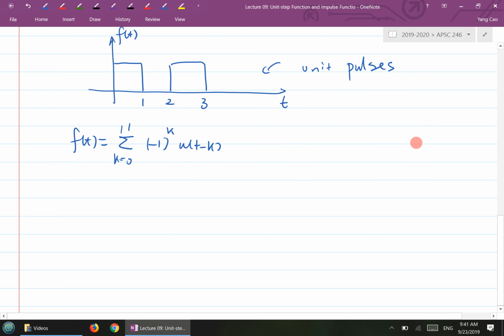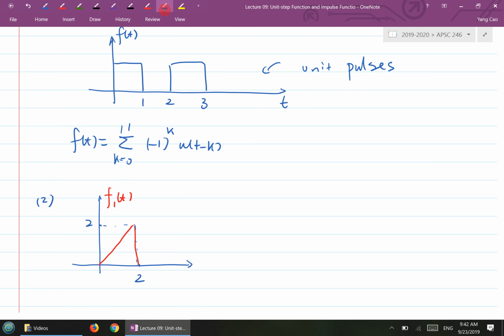Another example we showed in the class is this. Suppose we have what we call f1 of t. Sorry, this is a graph of f1 of t.